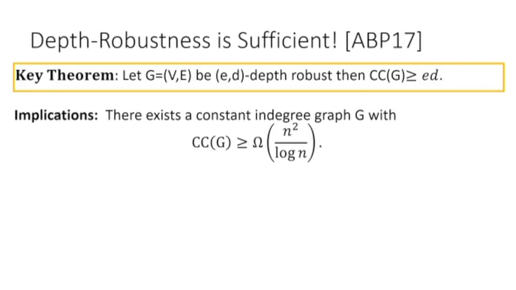So in this case, you get a construction with cumulative cost at least n squared over log n, which is still not quite n squared, but fortunately it's a lot better than n to the 1.75, or I think it was n to the 1.77 for Argon 2I. So this is nice. It's getting us pretty close to that ideal goal.